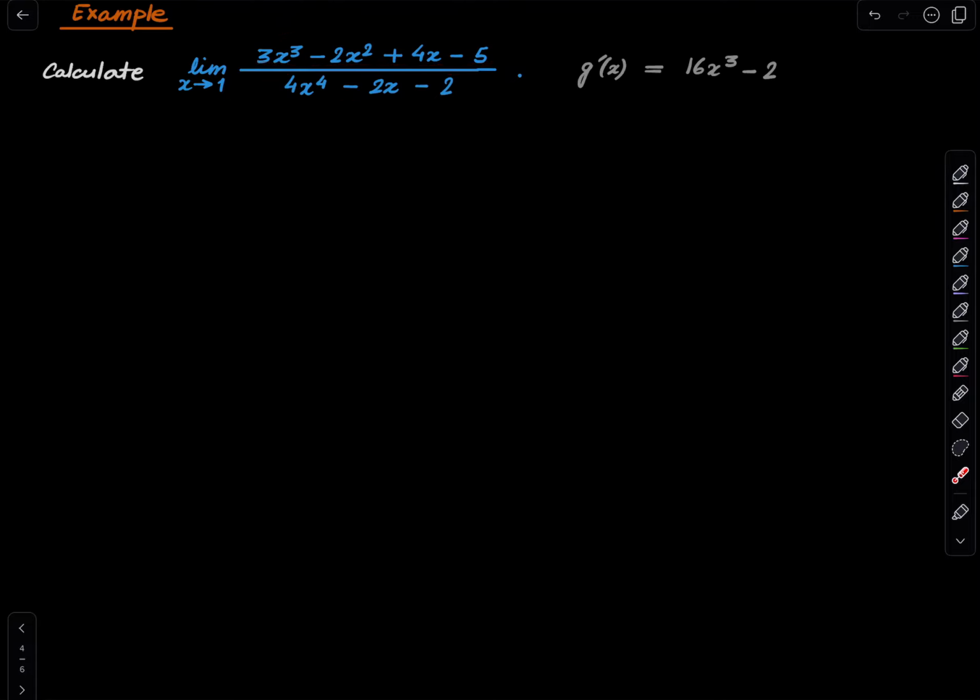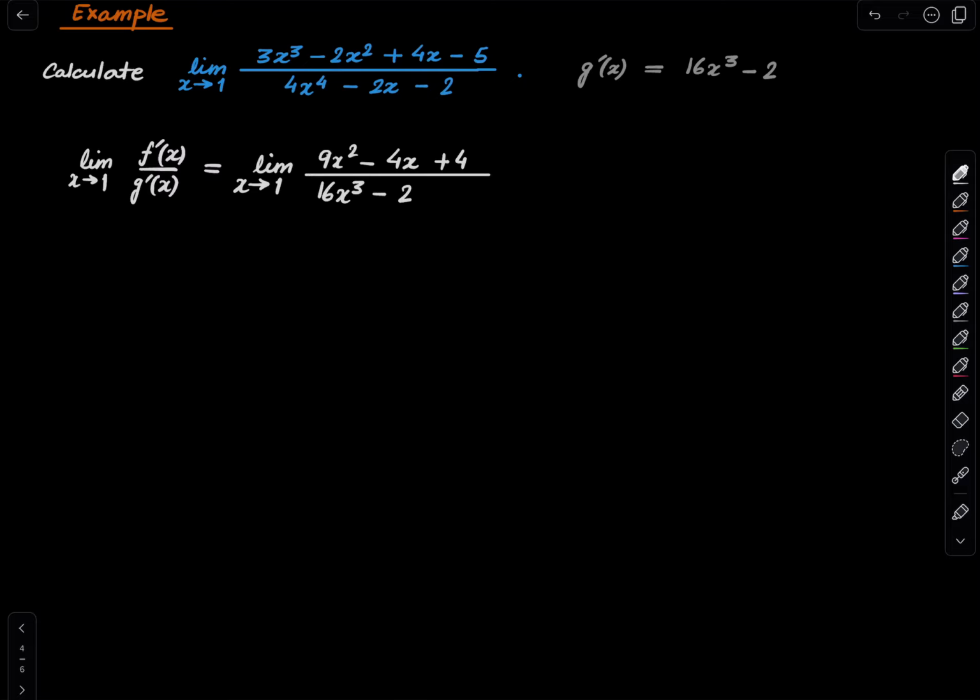So let's compute this limit, where f is the numerator and g is the denominator. So what is this? This is the same as this limit, 9x square minus 4x plus 4 divided by 16x cubed minus 2.